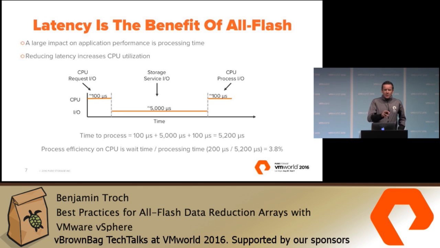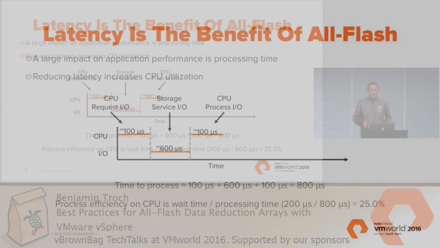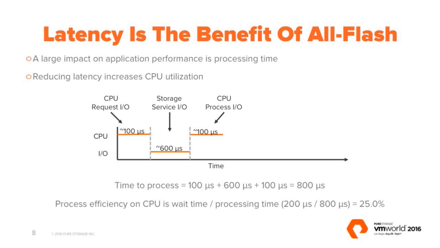If you see that you've got your normal storage, which in the middle is 5,000 microseconds, and your CPU request I/O is like 100 microseconds, you see the big gap is the storage. That's where the delay is. So when you implement an all-flash array, you can bring that down to maybe 600 microseconds.